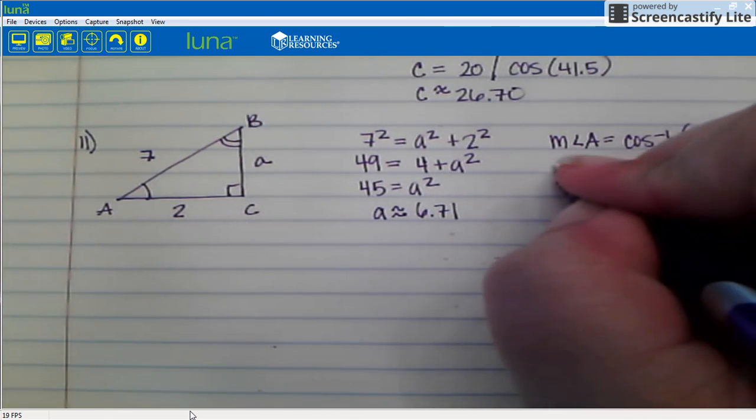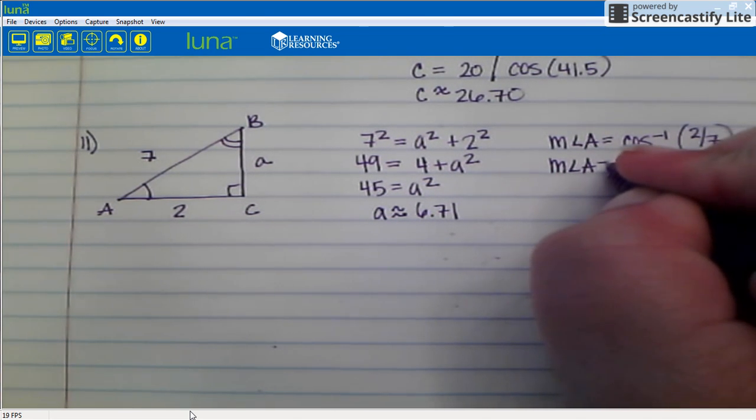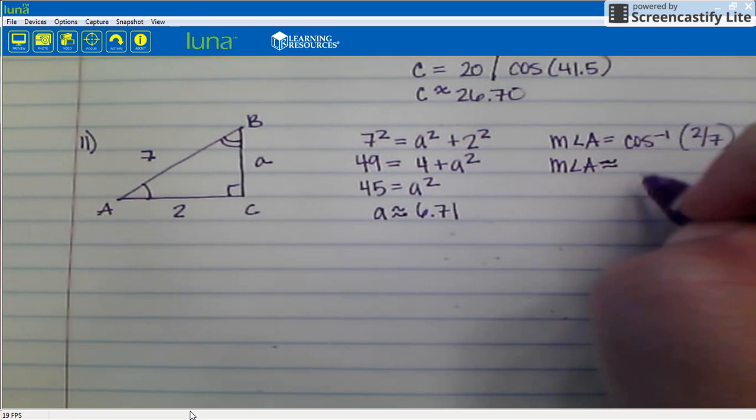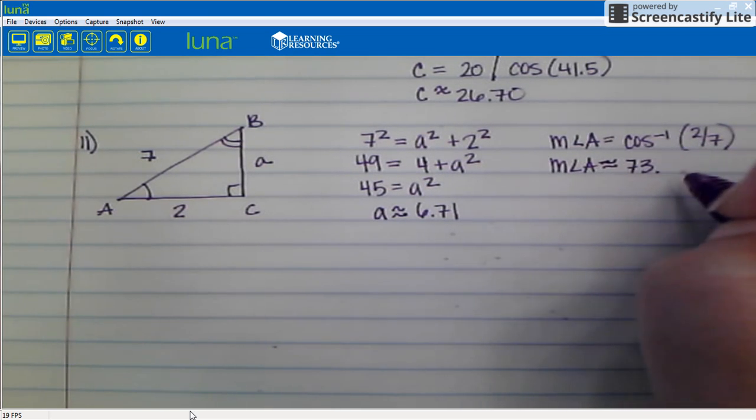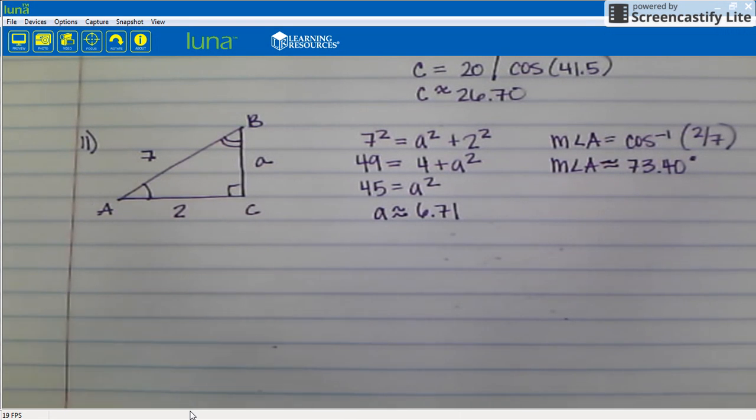So this gives me the measure of angle A is approximately equal to 73.40 degrees whenever I round off to the nearest hundredth.